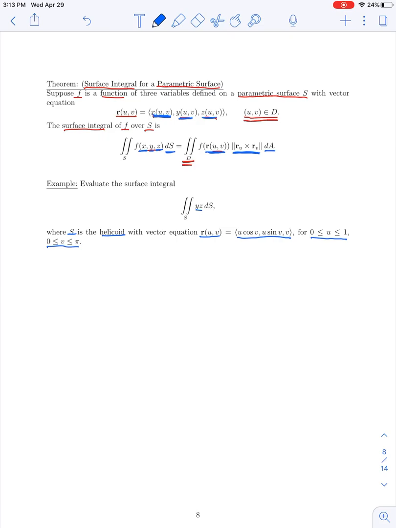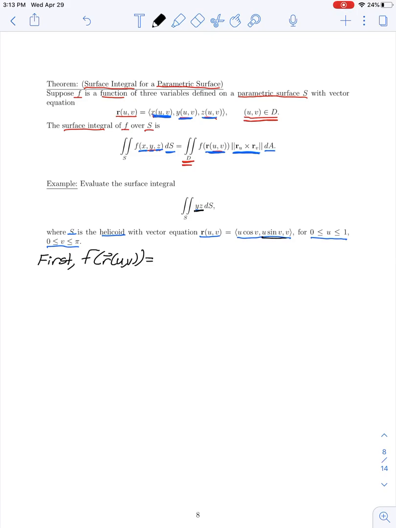So our first step will be to evaluate our function f in terms of u and v. Our function was y times z that we're integrating.